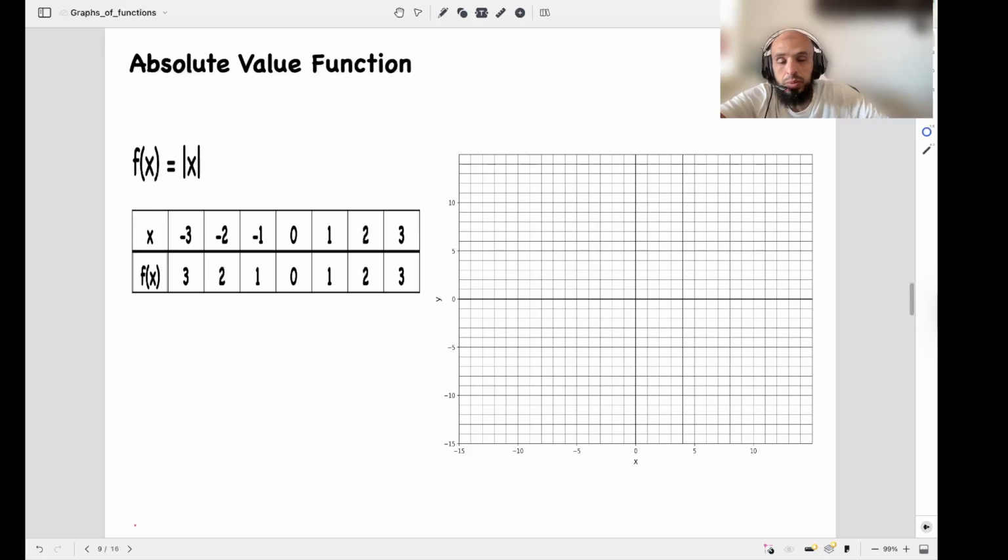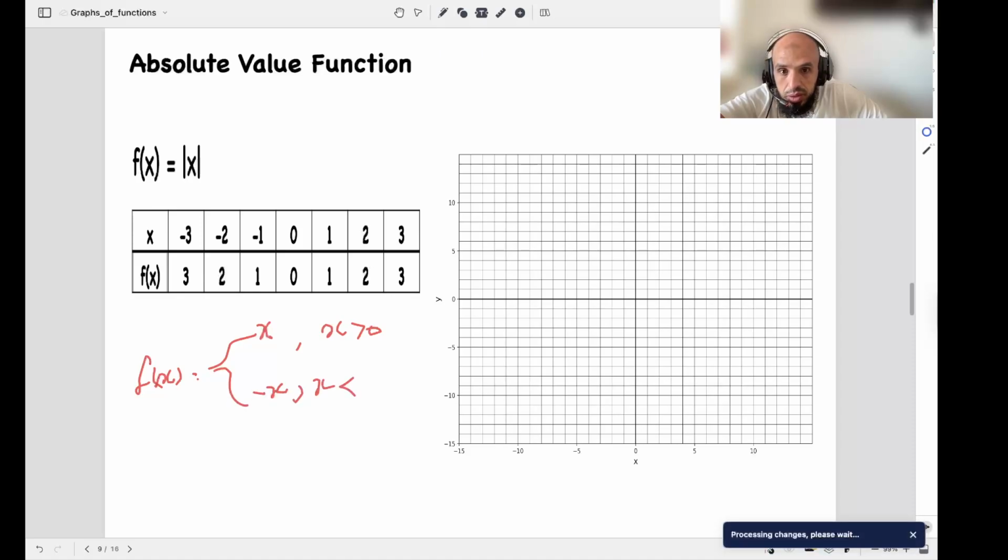Now if we go to the absolute value function, it has the form of f of x is equal to x when x is greater than 0, and -x when x is less than 0. So if we plot this function, f of -3 is 3, f of -2 is 2, and f of -1 is 1, f of 0 is 0, and so on.